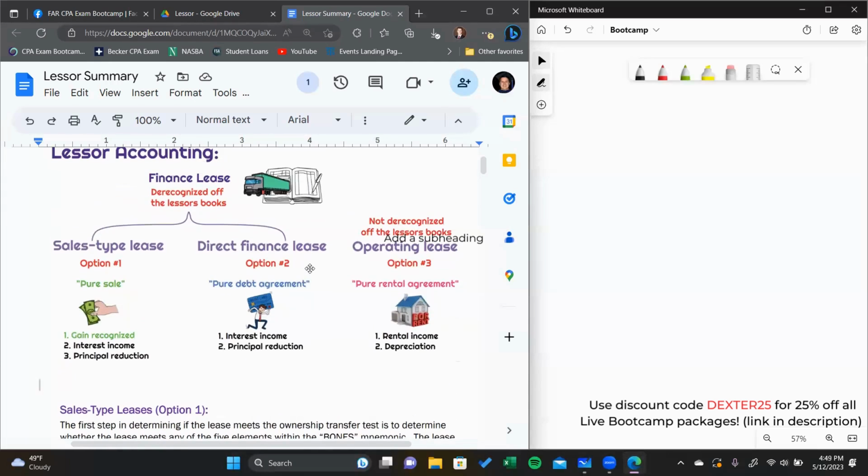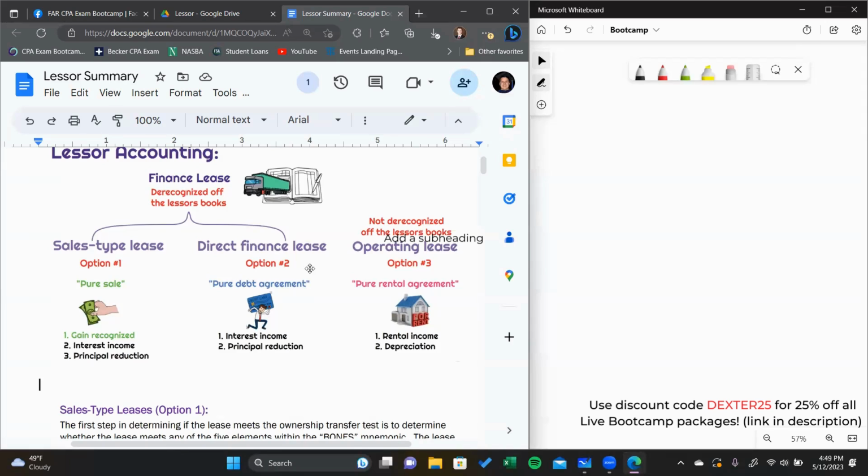Now, a sales type lease feels a lot like a sale. In fact, we're actually going to recognize a gain. So imagine you sold an asset at a gain. That's how it feels with the sales type lease. That's essentially how we're treating it. We're going to recognize a gain for the amount of the lease above the value. We'll recognize interest, and then we'll reduce principal.